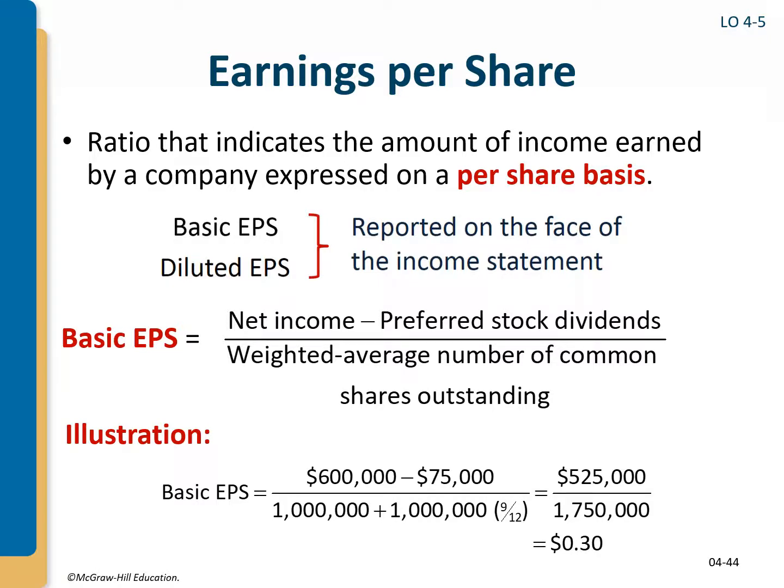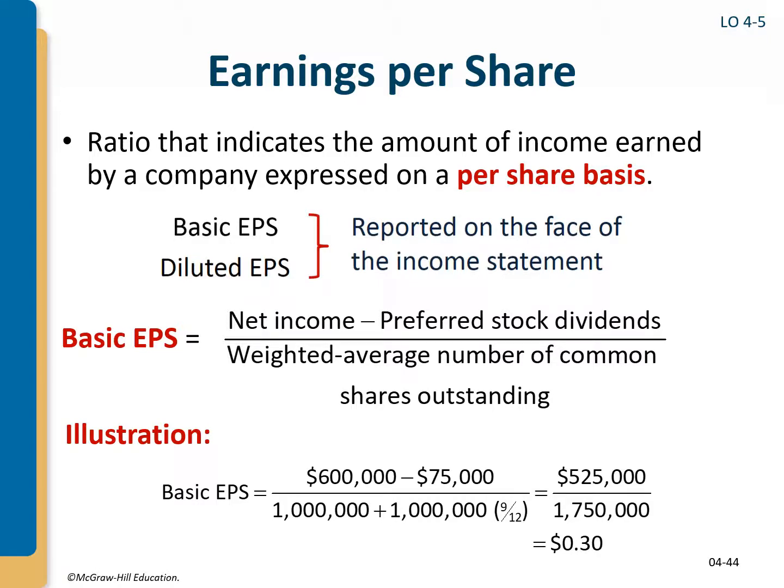In April of this year, they sold another 1 million shares. So you see that 9/12? That's saying 1 million shares were sold, but they weren't outstanding the whole year. They were sold April 1st, so they were only outstanding for 9/12 of the year. So only 9/12 of them are what we consider weighted average, or 750,000.